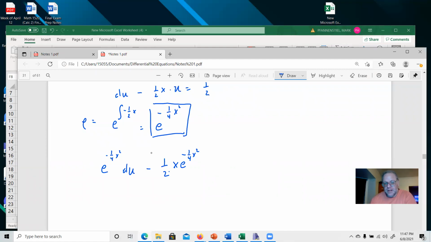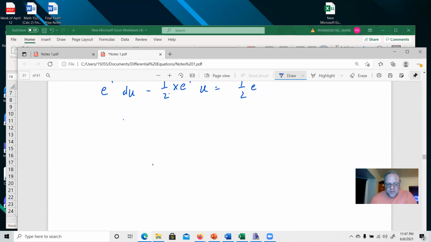This is what we'd have, and this is just u, and this is equal to 1/2 e to the negative 1/4 x squared. So this is clearly the derivative of e to the negative 1/4 x squared times u, and that's equal to 1/2 e to the negative 1/4 x squared.